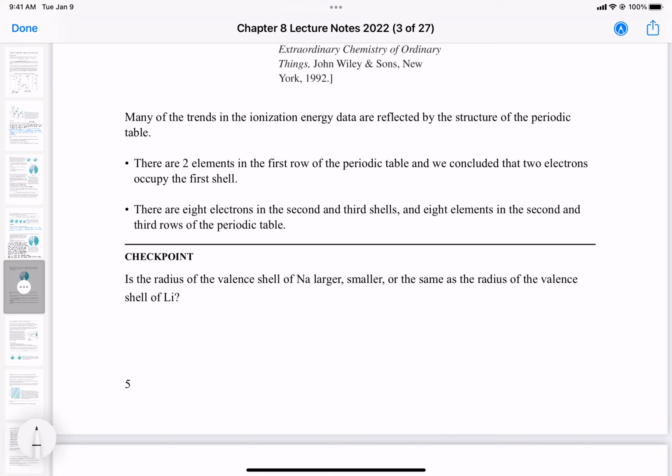So let's think about this. Sodium has 3 shells, right? Whereas lithium only has 2.